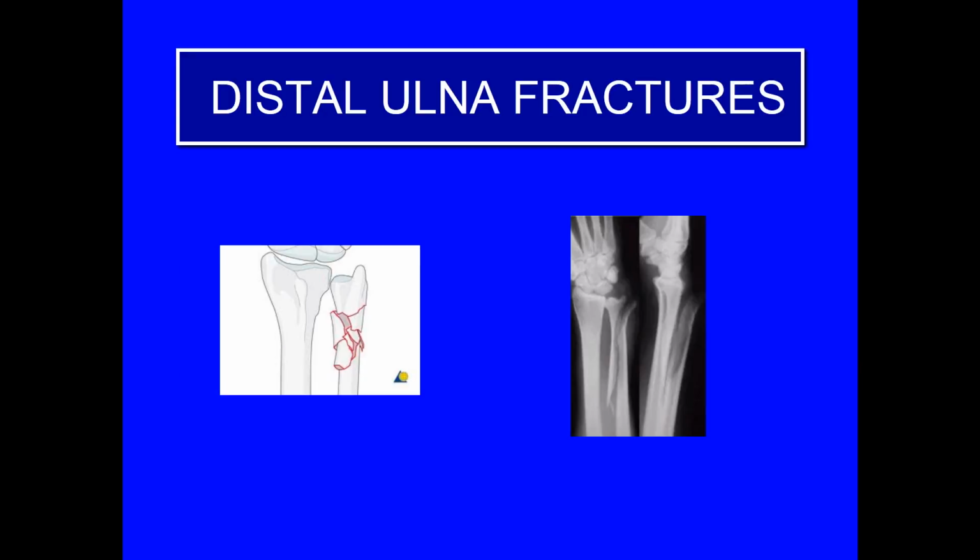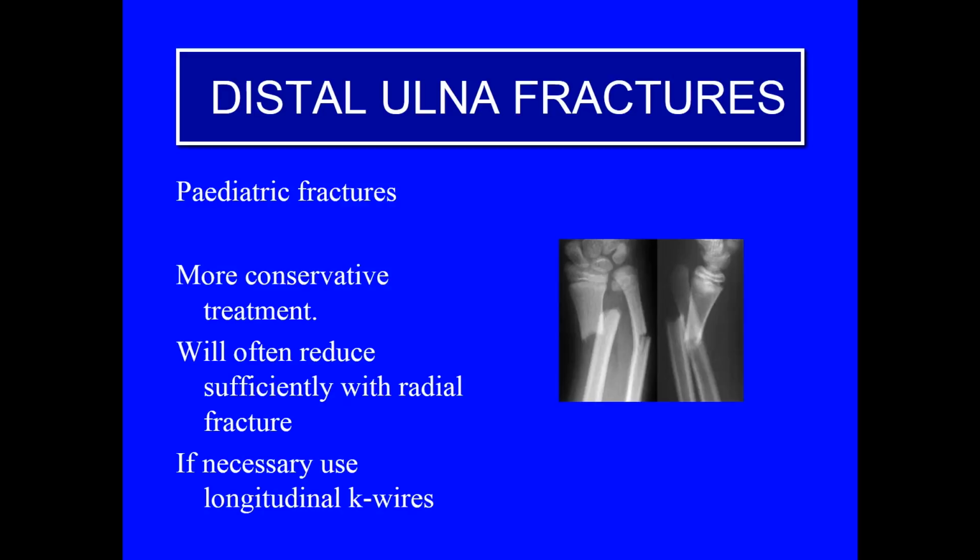The comminuted ulnar styloid fractures are treated on their merits. Pediatric fractures, obviously, we treat more conservatively, and these will almost always reduce sufficiently with the reduction of the radial fracture. But if necessary, and there's any displacement after reduction of the radius, then a simple longitudinal K-wire is perfectly sufficient for these fractures.